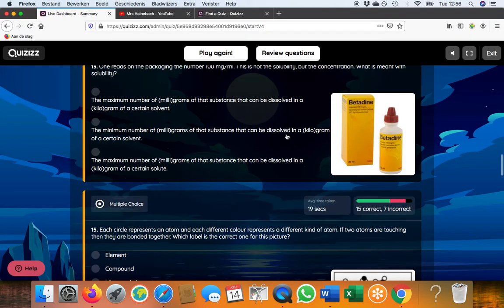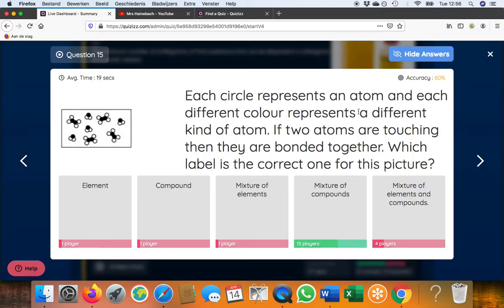And then lastly, I come to question 15, as Joshua asked me to discuss that. Each circle represents an atom and each different color is a different kind of atom. If two atoms are touching each other, they are bonded together. Which label is the correct one? You practiced this, and this answer is correct.